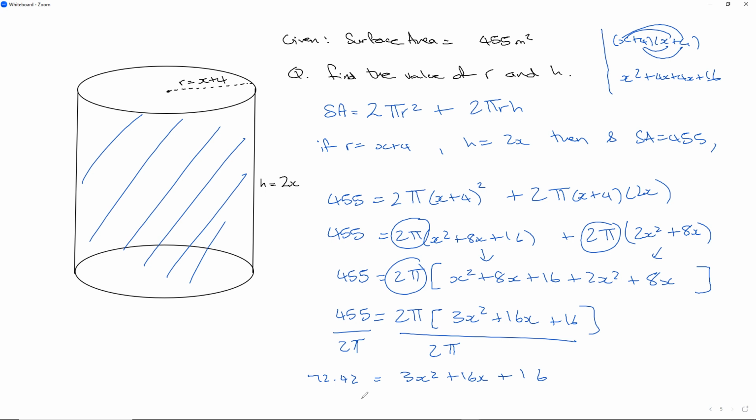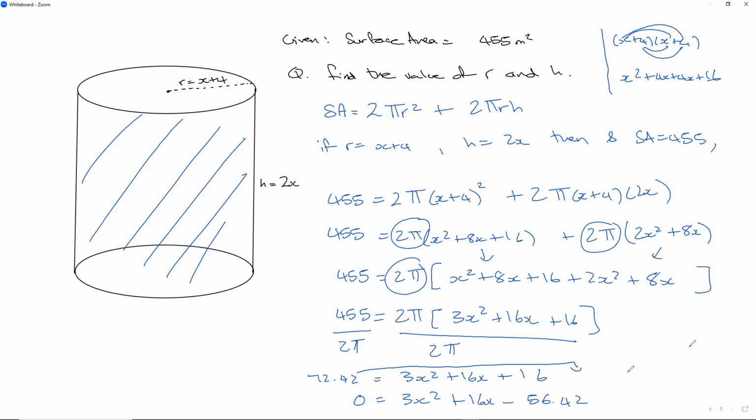I'm now going to make the left-hand side equal to 0 and move this across. So it's going to end up as 3x squared plus 16x plus 16 minus that number, which is going to become negative 56.42 on a calculator.